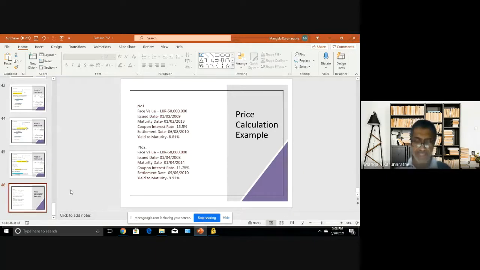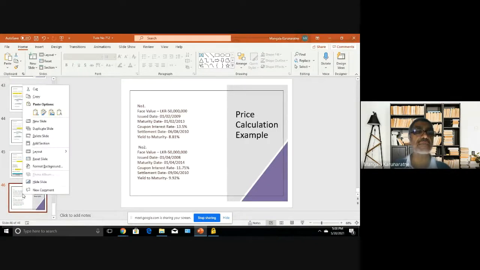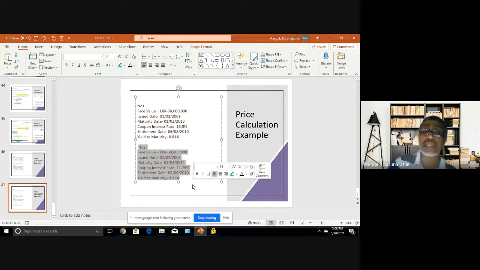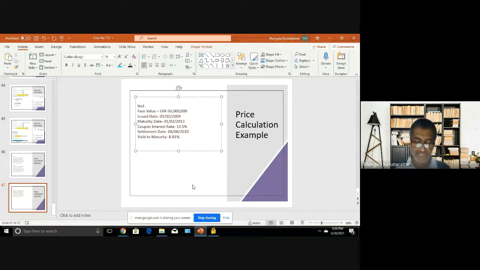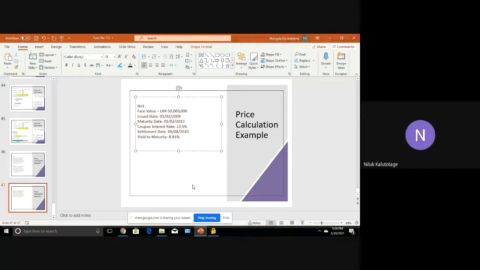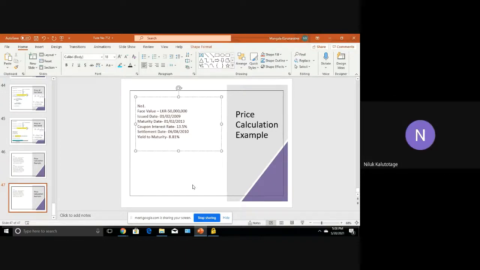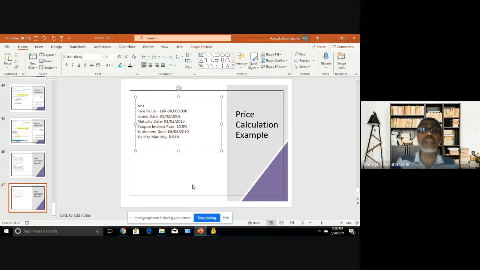Everyone should answer this question now. How many cash flows are there in this bond? I'm referring to the first question. How many cash flows in this? 8, sir. Okay, we will check how many cash flows there are.